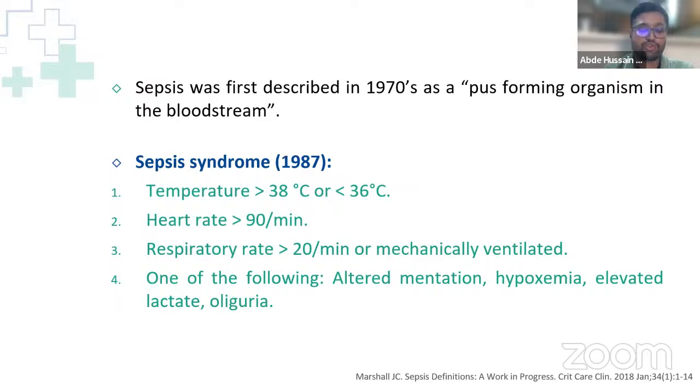The investigators also proposed a diagnostic criterion for the sepsis syndrome: a temperature more than 38 degrees Celsius or hypothermia less than 36 degrees Celsius, a heart rate of more than 90 beats per minute, a respiratory rate of more than 20 breaths per minute or mechanical ventilation, or the presence of one of the following: altered mentation, hypoxemia, elevated lactate, and oliguria. Although the trial failed to show any benefit with methylprednisolone in sepsis, the blame was put on the trial design and diagnostic criteria rather than the intervention that was used.